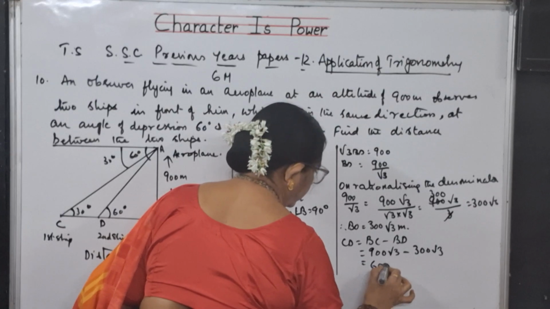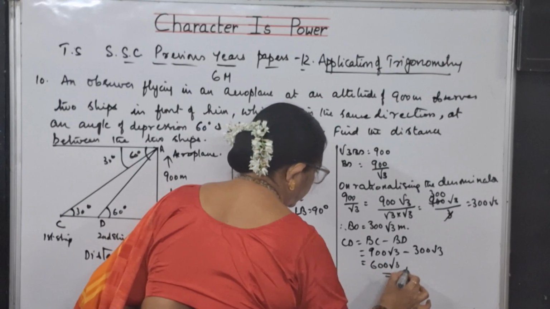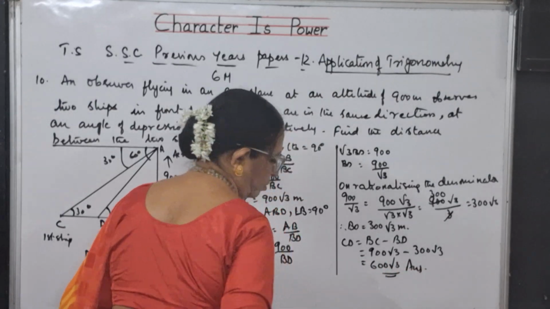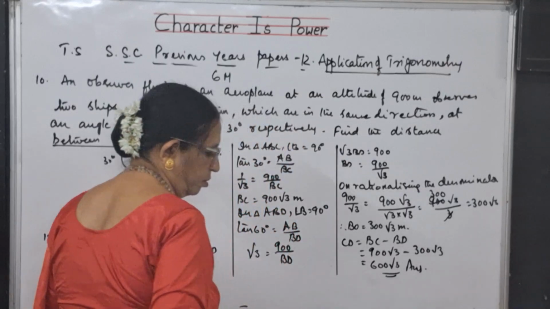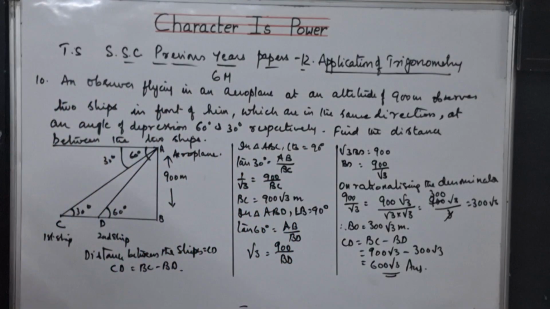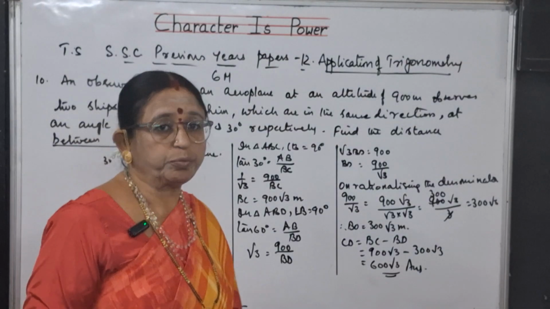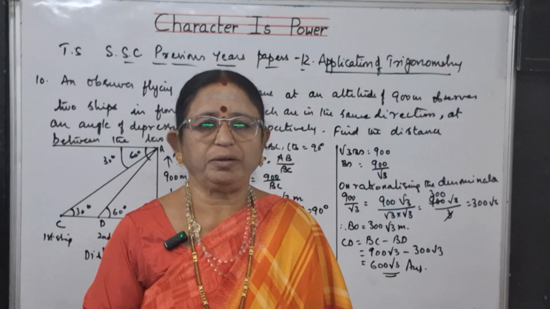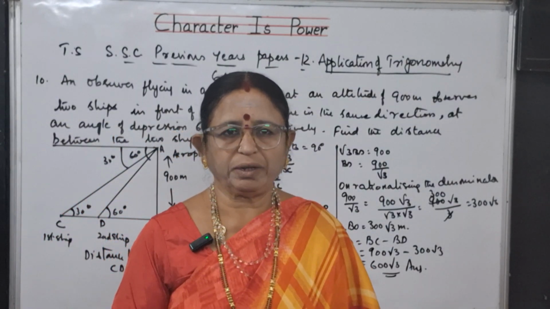That is 600 root 3 is the answer. Write down this, children. This is 10th problem. Now with this, 6 marks sums are completed, children. We will be doing objective in the next class.